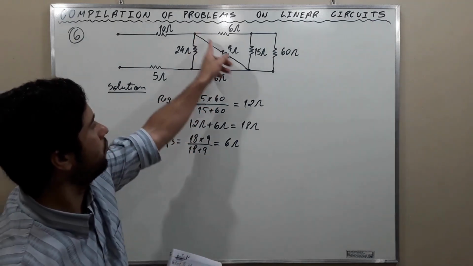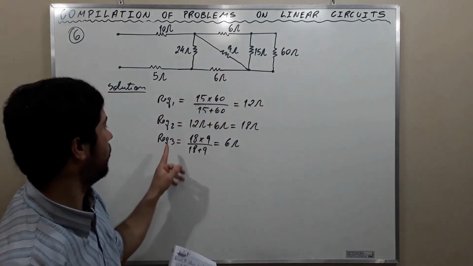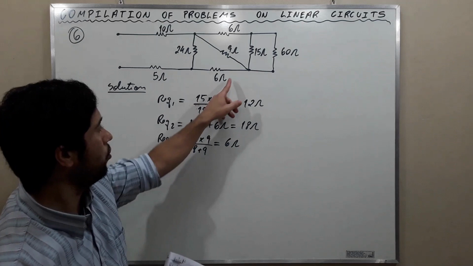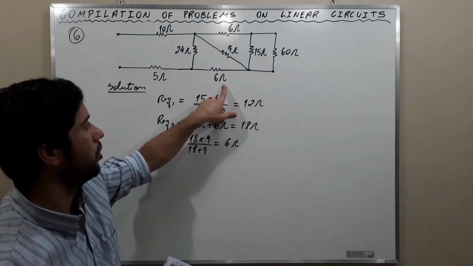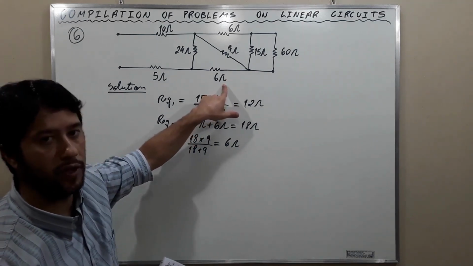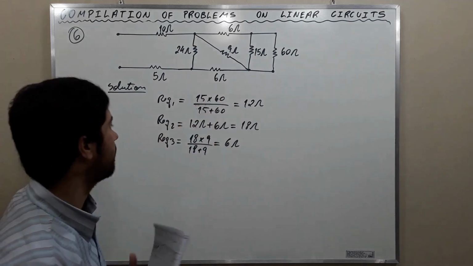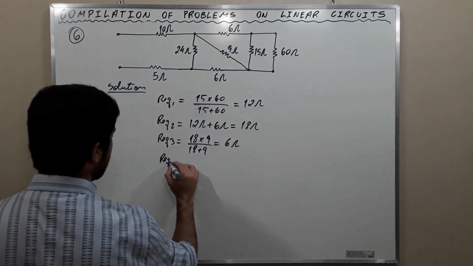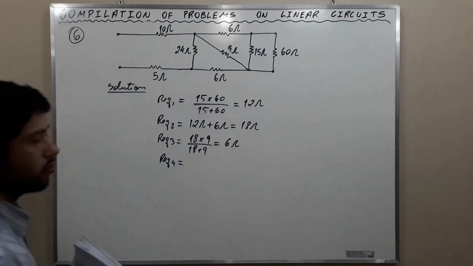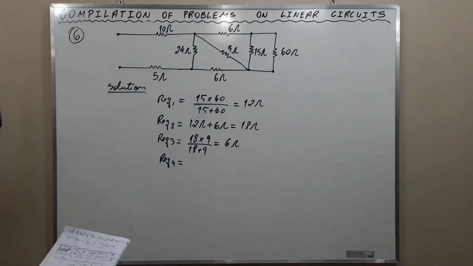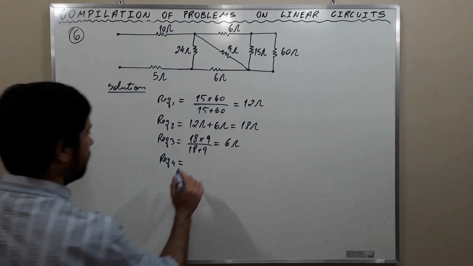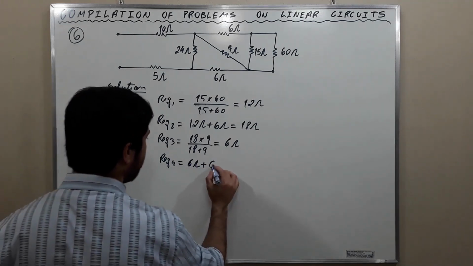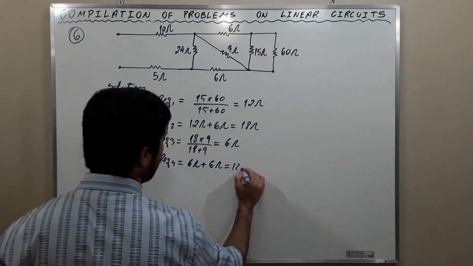And this equivalent resistance number 3 will be now in series with this resistance here, 6 ohms. And equivalent resistance number 4 is 6 ohms plus 6 ohms, which is 12 ohms.